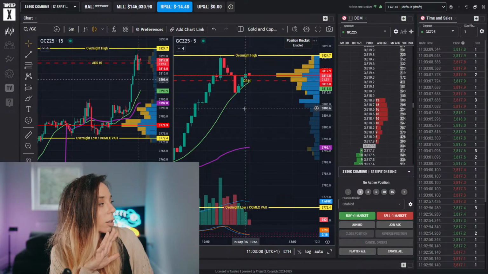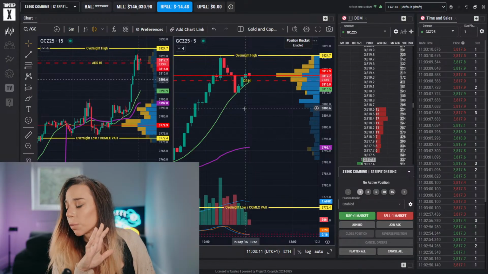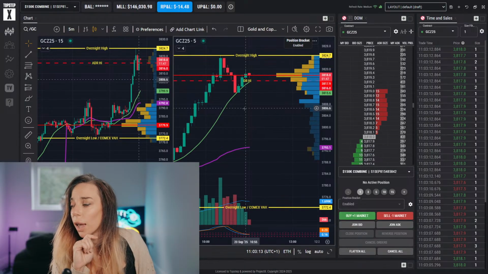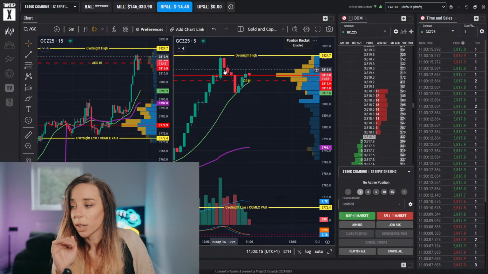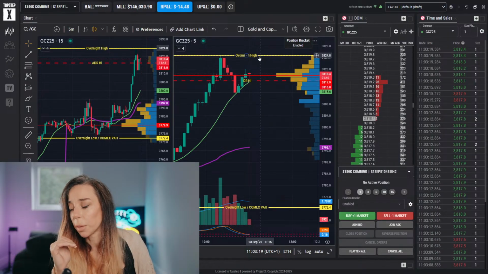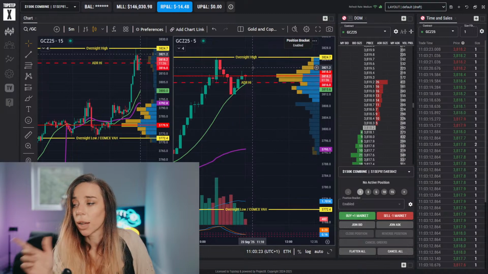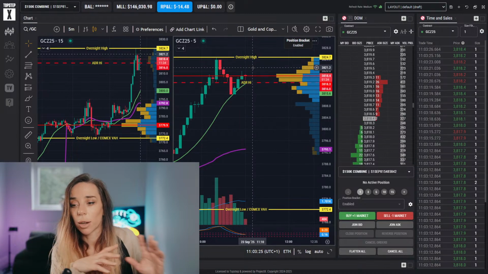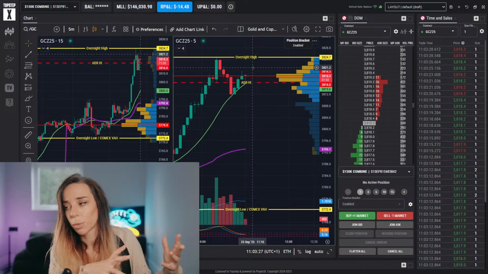If we get to LME open in about 37 minutes and we have a new overnight high that is still here, 38.24, that will be picked up by my algorithm. I'm going to be watching to see whether the bot is going to scan, because I have a volume scanner in there as well.